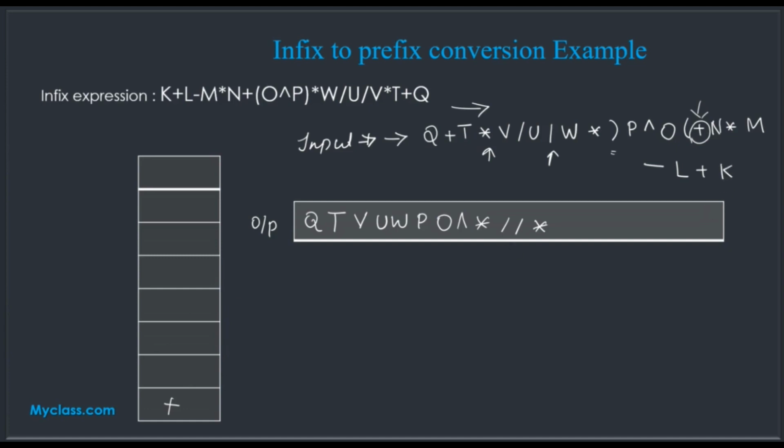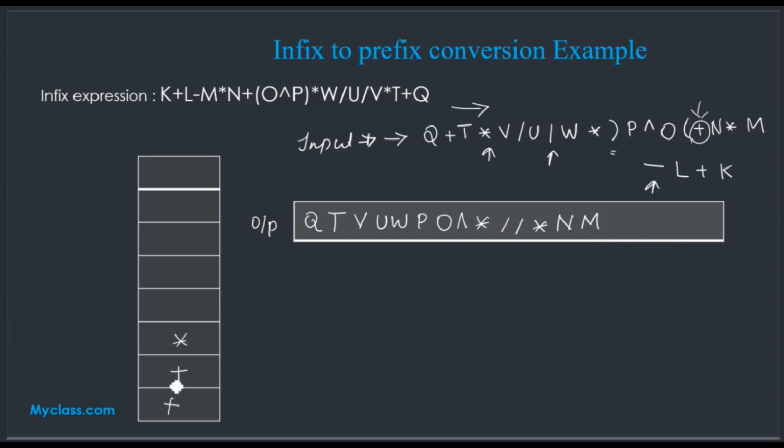Now we are checking this plus with the plus on the stack. Both have the same precedence, so we push this plus into our stack. Now an operand came, n, then an operator came, star. Star has higher precedence, so we push it. m is another operand, we add it into our expression. Now we are scanning subtraction.